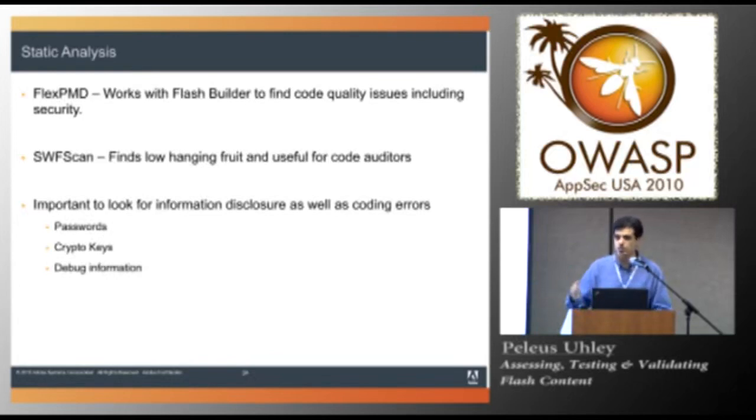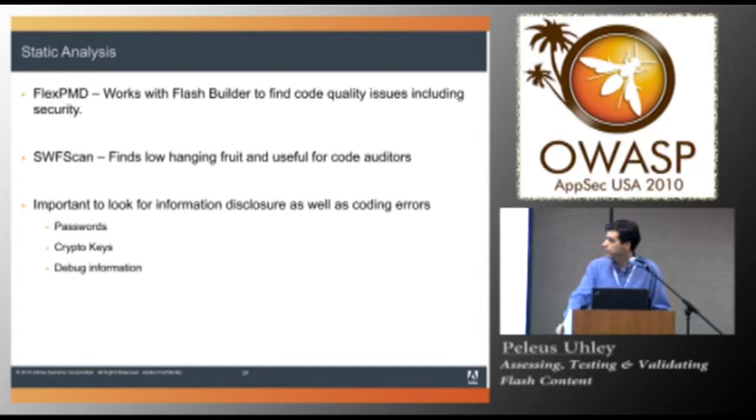FlexPMD is a similar tool. If you're a Flex developer, you can use it to search for general code quality issues, but there's also a couple of security rules that we've been adding to it. And there's an update coming, hopefully fairly soon. I've got one of the developers inside of Adobe doing it for a security training project.